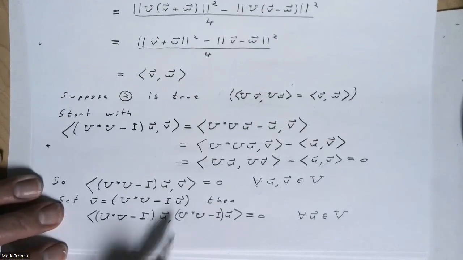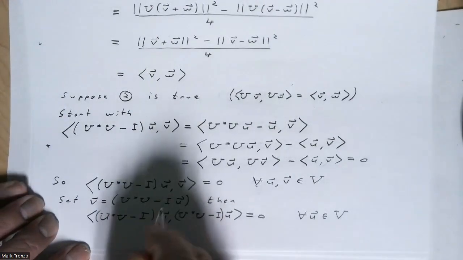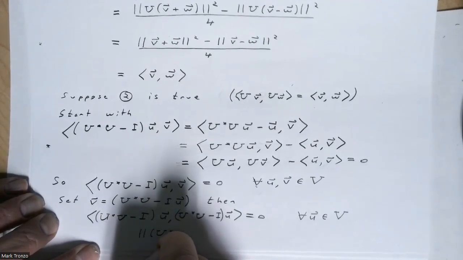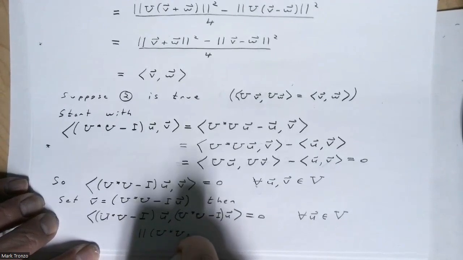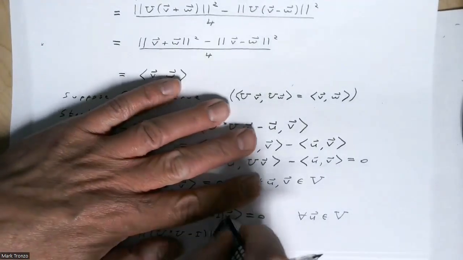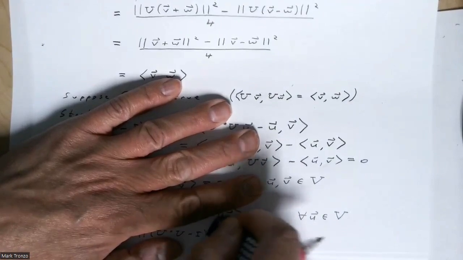Another way you can think of this is this also implies that the norm is 0 for all possible u's.